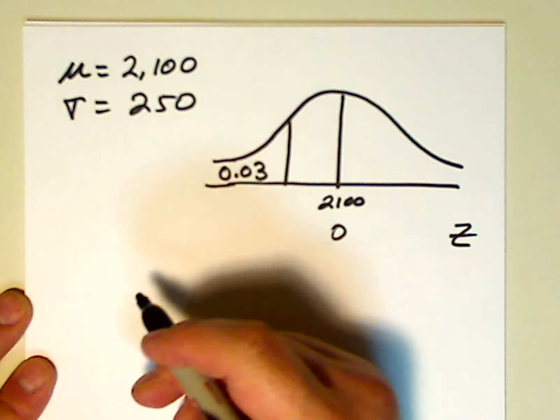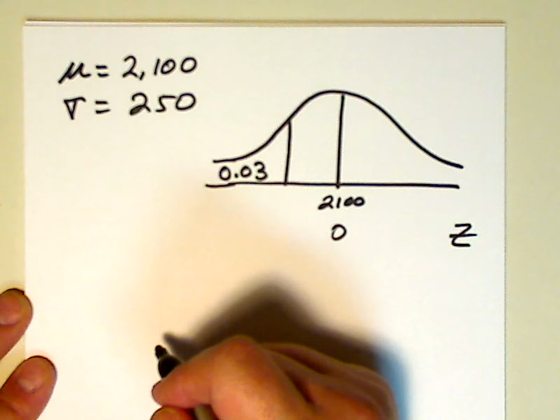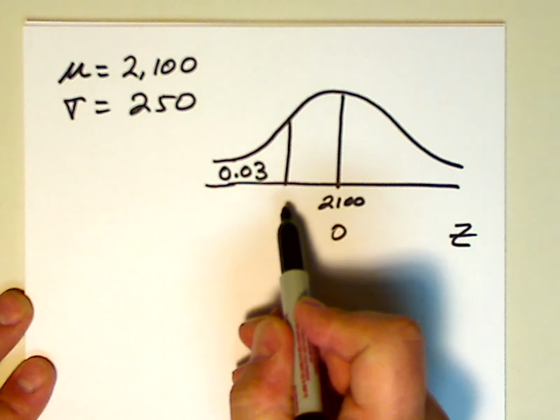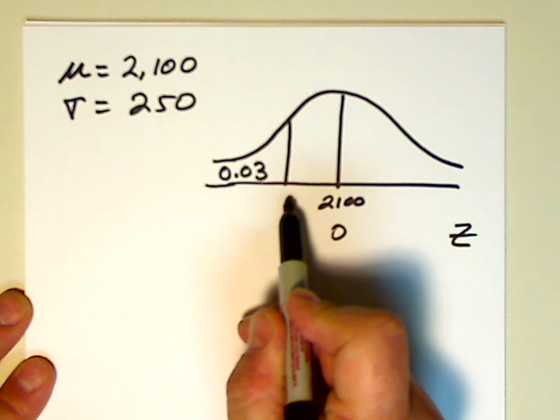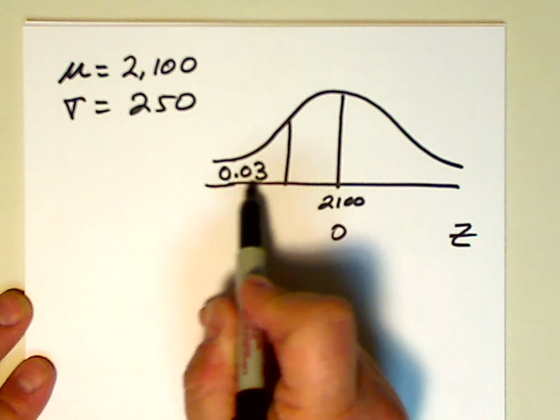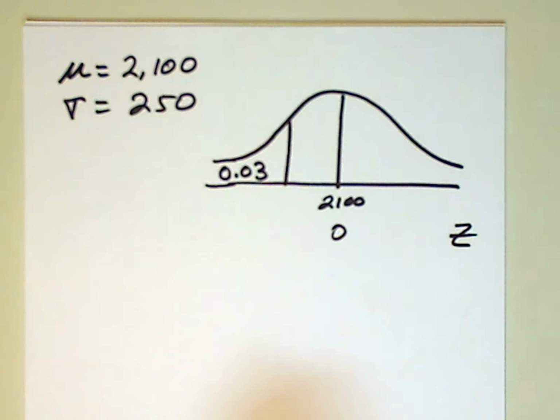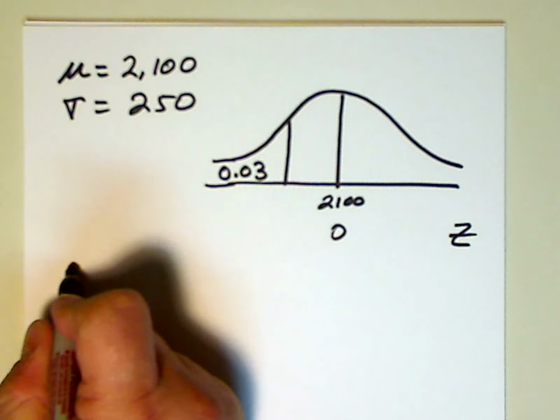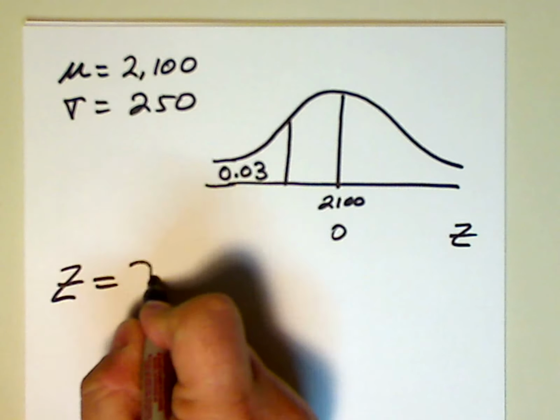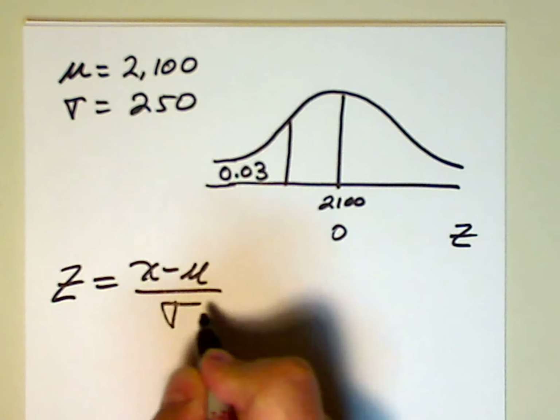We know that there's 3% in there. What we don't know is what the x value is over here. We don't know what the costs are, but we know that 3% of all the observations are going to be in this tail. So we have a z transformation formula, z equals x minus mu over sigma.